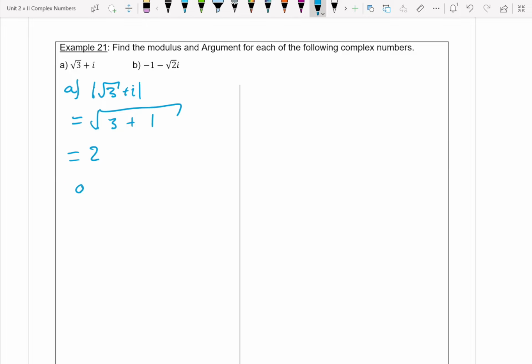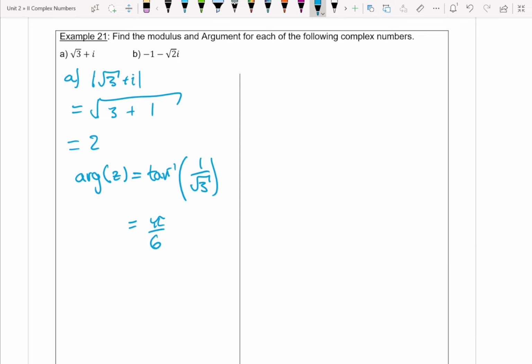To find the argument of z, that's going to be tan inverse of 1 on root 3, which is going to give us pi on 6, and that is between negative pi and pi, so that is the capital A Arg of z. So that's for part A.